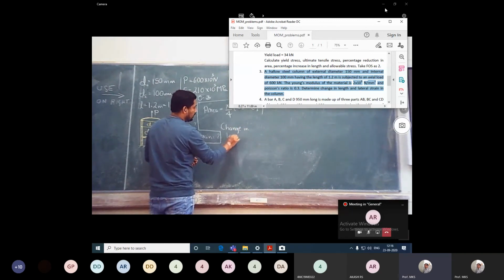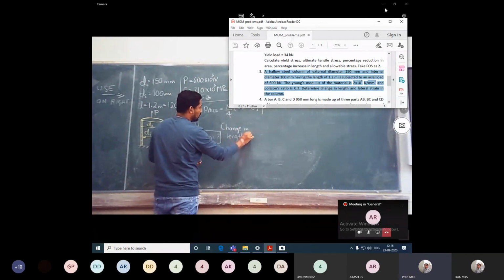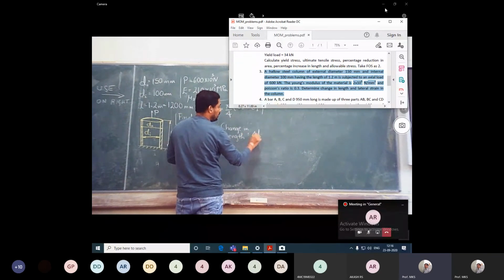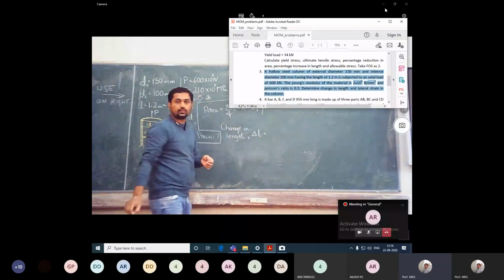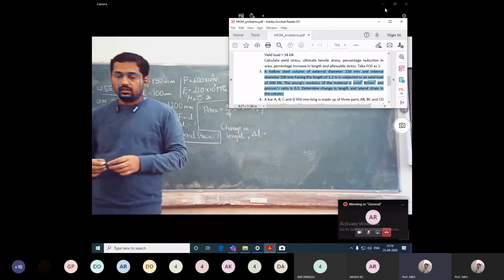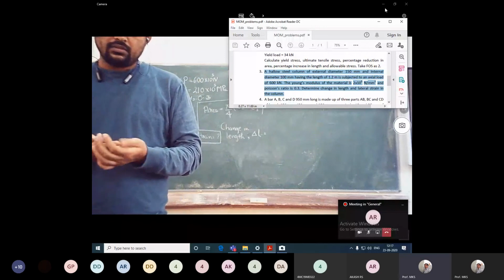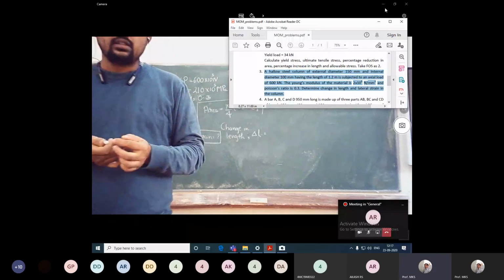Change in length in the last class, that is delta L. That is given by what? Last class you have written, right? We derived the expression that is in the note.